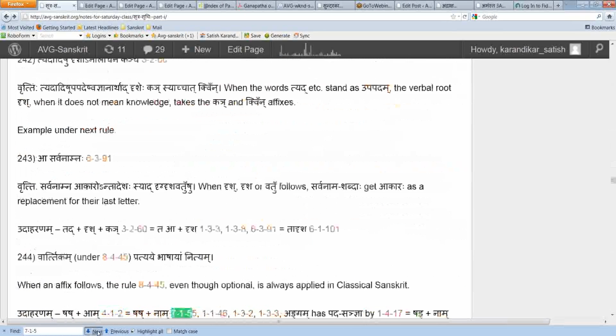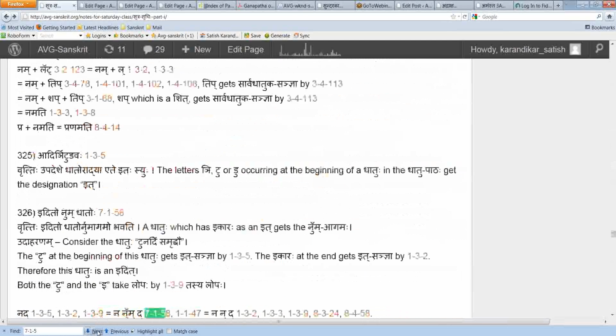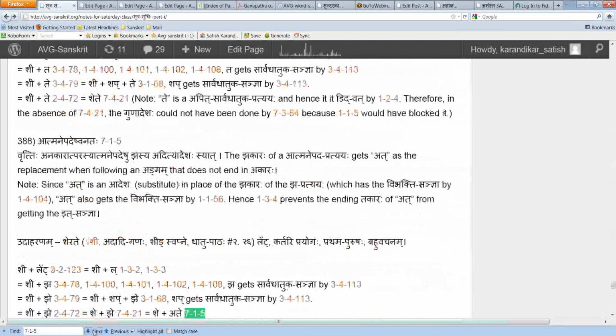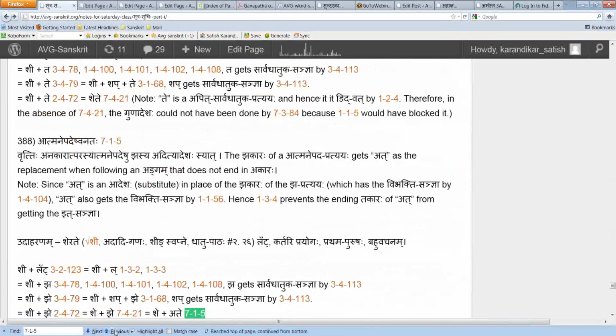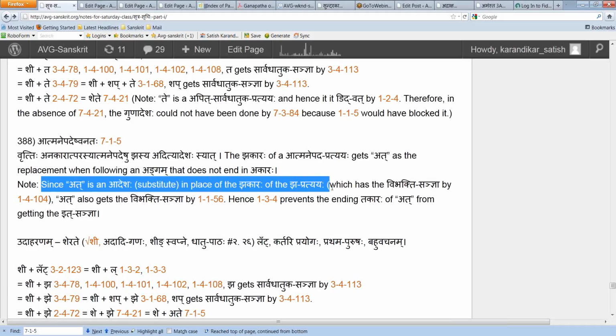Okay, there are too many 715s here. Okay, here it is, 715. Anakarat parasya atmanepadeshu jasya ad ityadesha syat. We also put a note over here that this at is an adesha in place of the jakara for pratyaya.